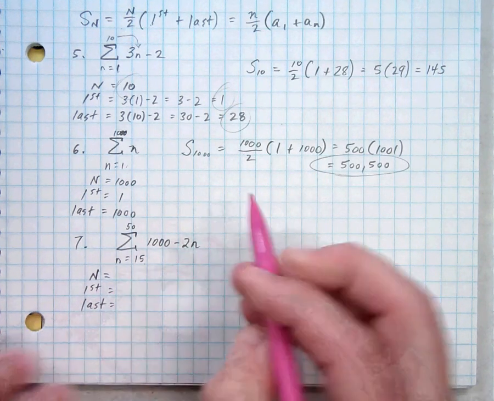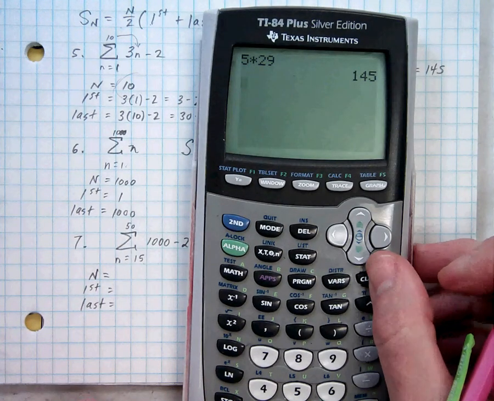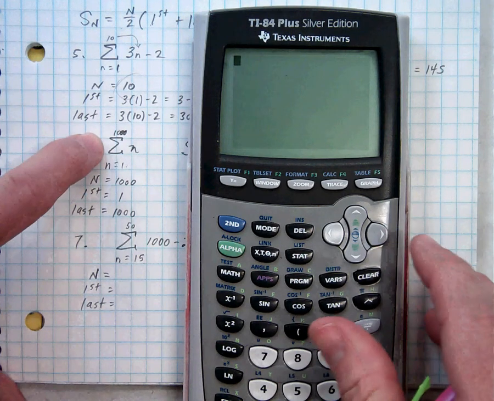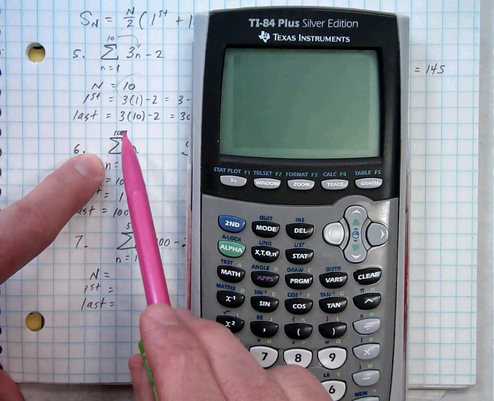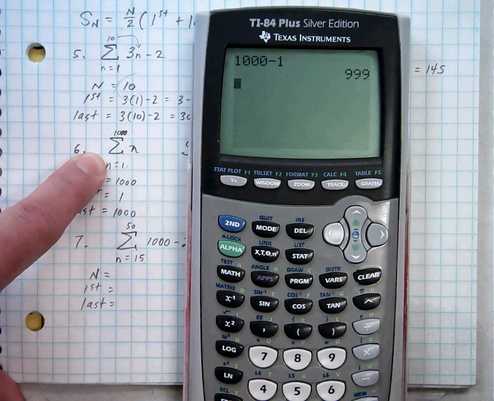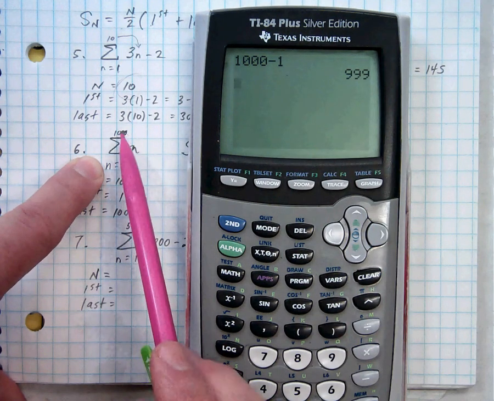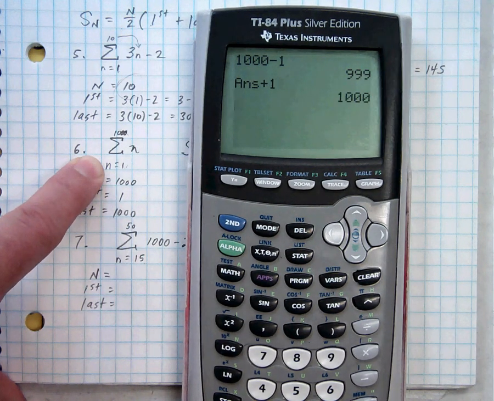All right, so you might think you just subtract these, but it's not quite correct. Up here, if I were trying to figure out how many numbers it is from 1 to 1,000, I wouldn't just do 1,000 minus 1, which would be 999. We know that's not correct. We know that 1 to 1,000 is 1,000 numbers, so I have to add 1 back on to get this right.